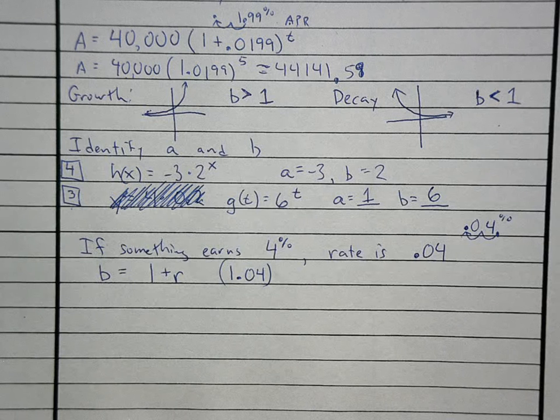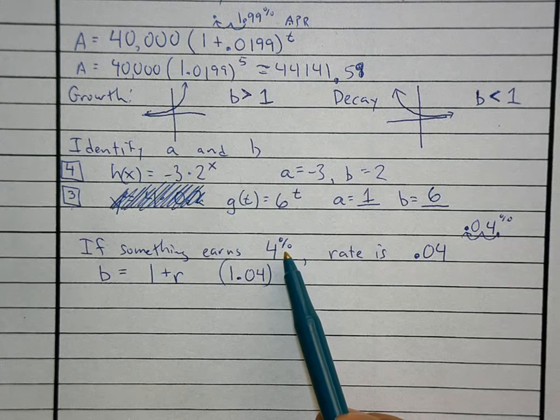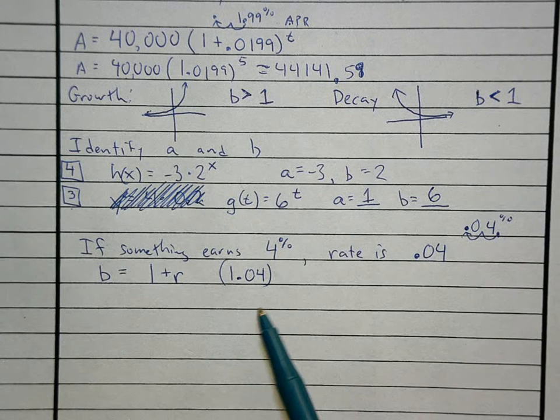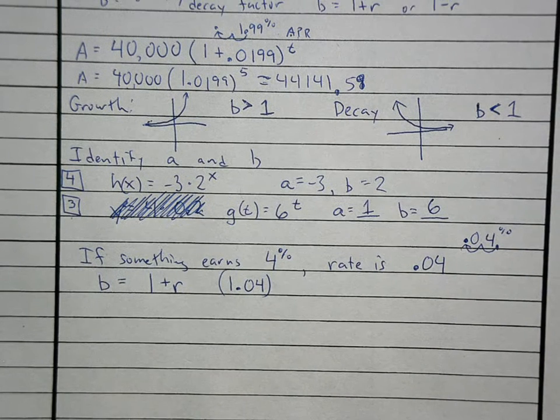What I want you to think about is this. If I buy a CD for $100, I don't just want to know how much interest is going to accrue. I don't care just about the 4%. I care about how much do I have plus the interest. Literally, I can't touch that money, but I know how much is there.